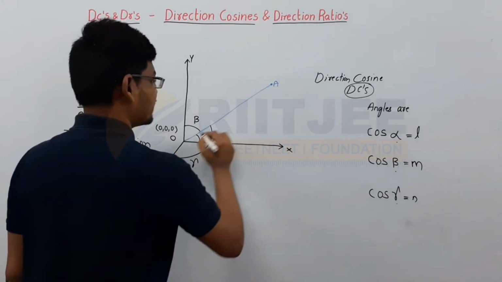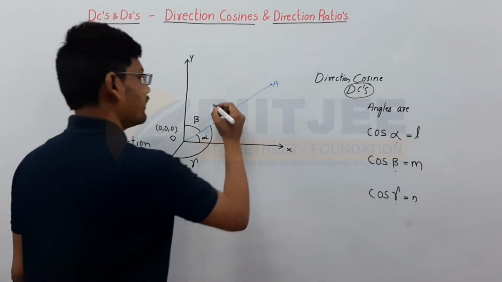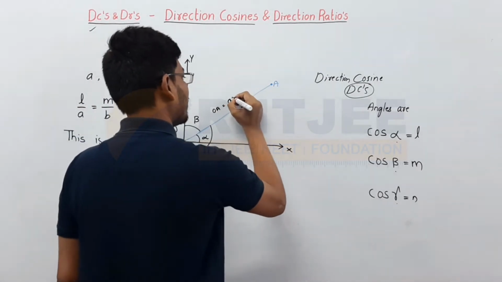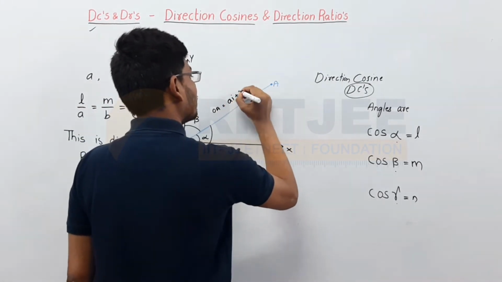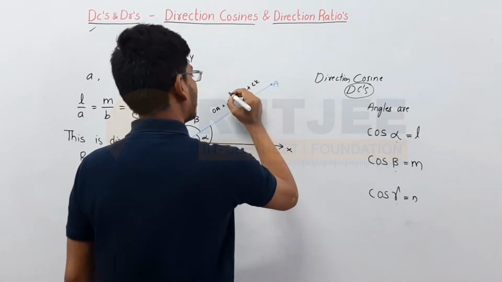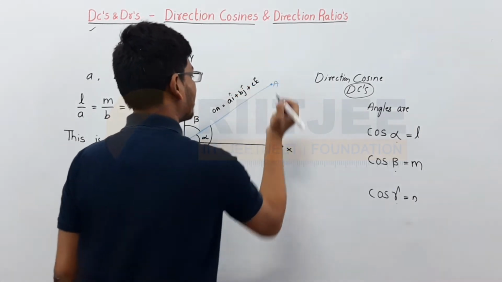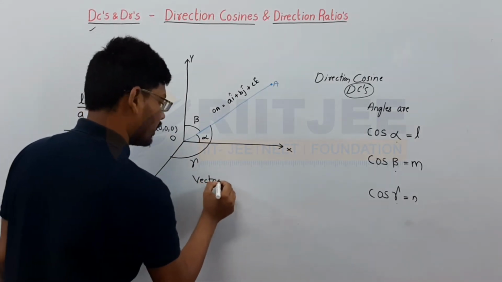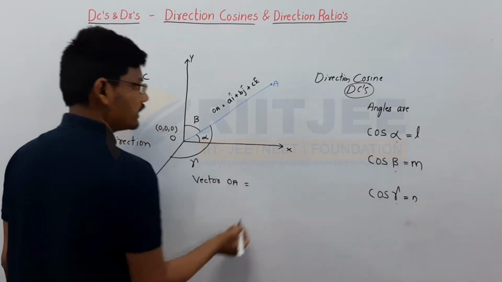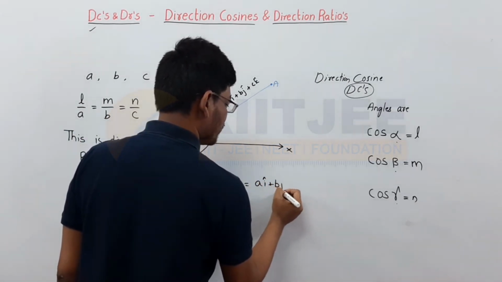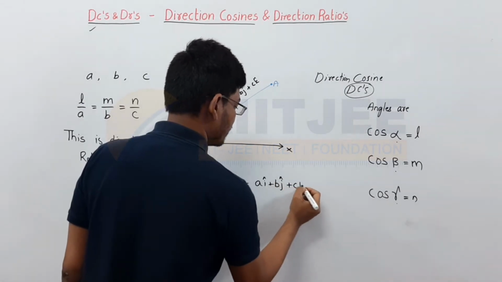Consider a vector OA equal to A i cap plus B j cap plus C k cap.